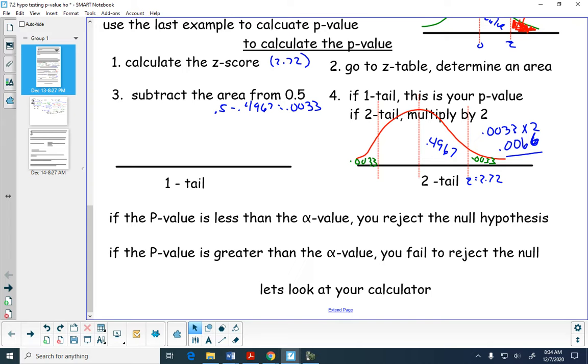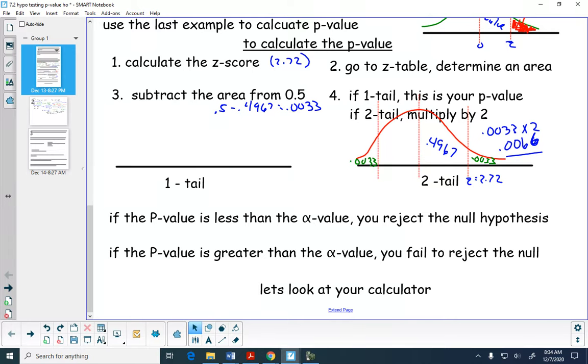If the p-value is greater than the alpha value, you fail to reject the null hypothesis.